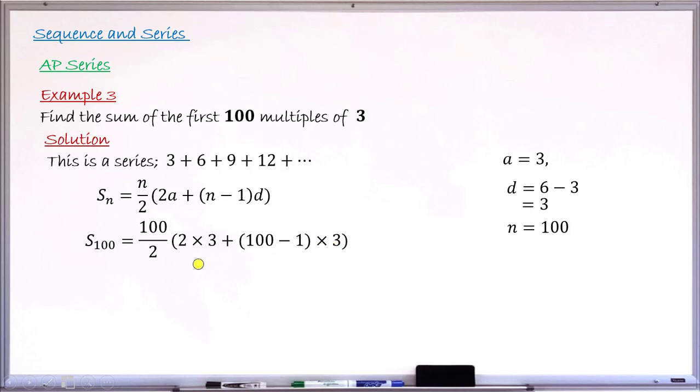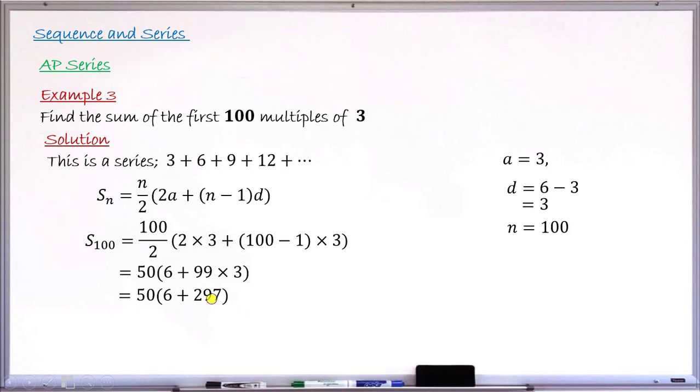I'll now simplify this. So 100 divided by 2 gives you 50. 2 times 3 gives you 6. 100 minus 1 gives this answer 99. Then multiplied by 3. So I'm going to do this multiplication first. So 99 multiplied by 3 gives the result 297. I copied my 6. I copied my 50.